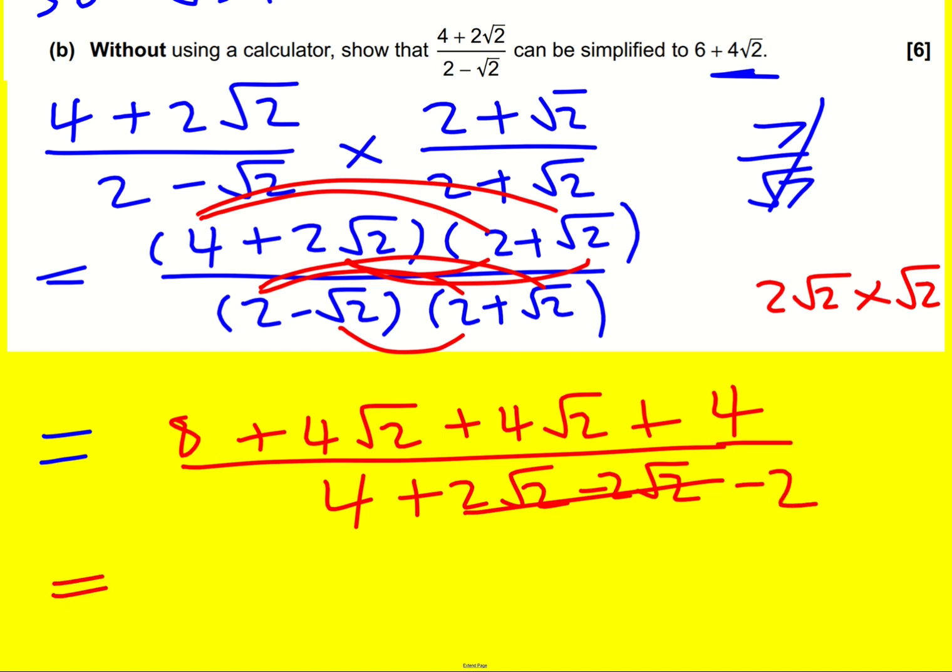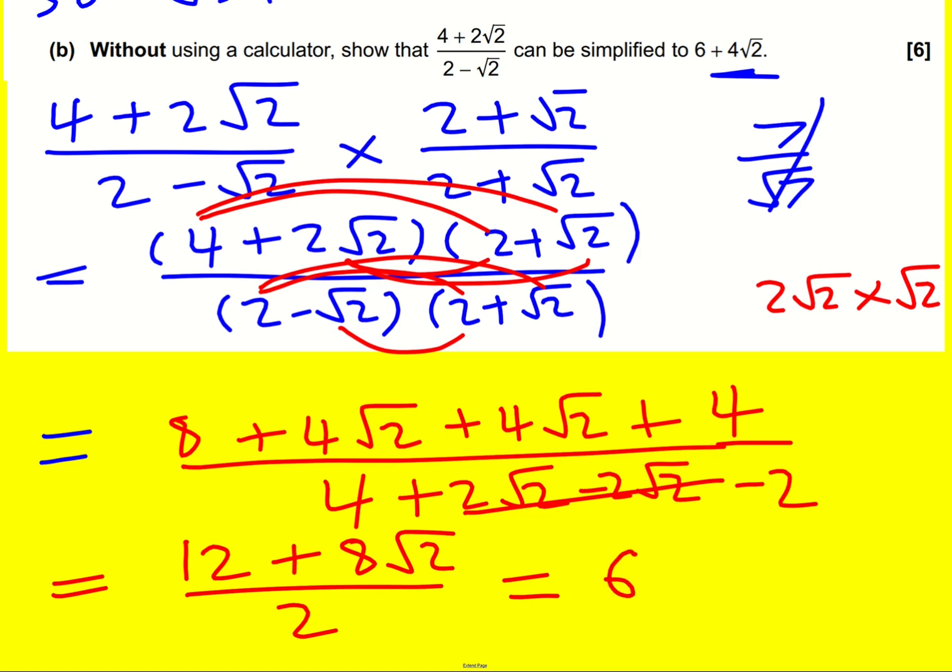Now I just need to simplify it to get 6 plus 4 root 2, still without a calculator. 8 plus 4 is 12, combining like terms. 4 root 2 plus 4 root 2 is 8 root 2. Then I'm dividing by 2, because 4 minus 2 is 2. I can now divide the 12 by 2 to give me 6, and the 8 root 2 by 2 to give me 4 root 2.